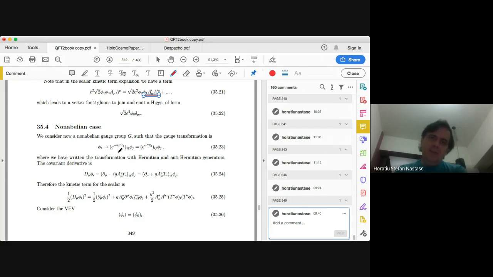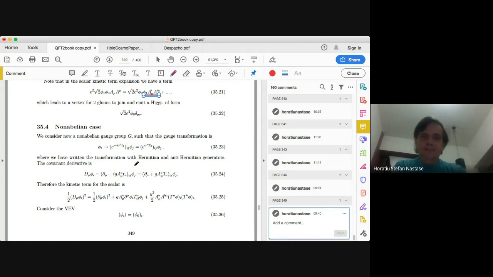And that matrix is written exponentially, with two conventions. I wrote it here. One, the convention with e to the minus i alpha a little t a, or e to the plus i alpha a capital T a. So with either Hermitian or anti-Hermitian generators.